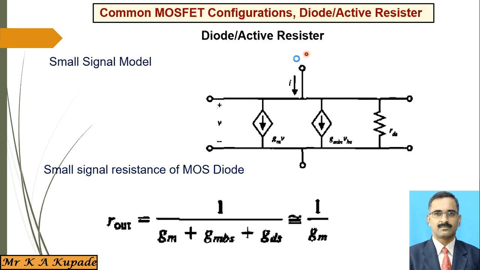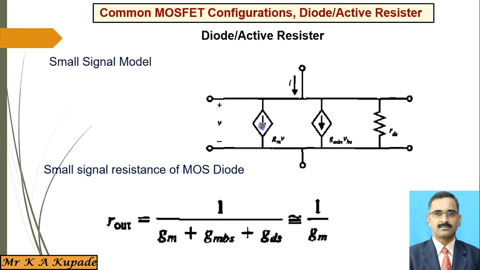Here the current I is flowing, and here we are applying the positive voltage. Here we are applying the input voltage, and this is our MOSFET. This side is the input side, and this is the output side.